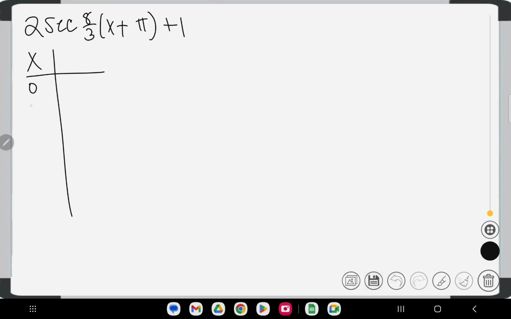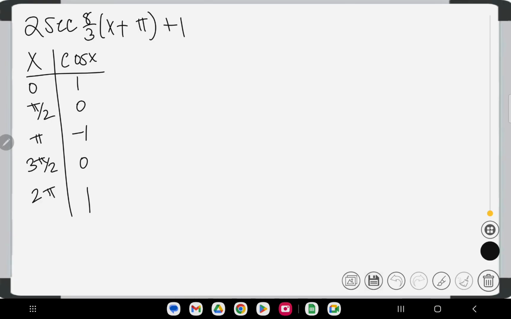So, 0, pi over 2, pi, 3 pi over 2, and 2 pi. Now we can do all the transformations. Let's see, our guide function is cosine. So 1, 0, -1, 0, 1.